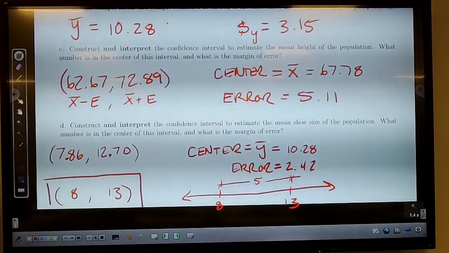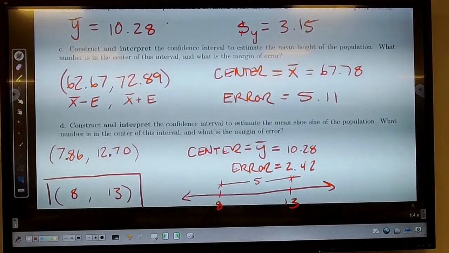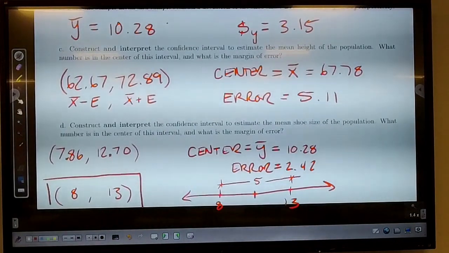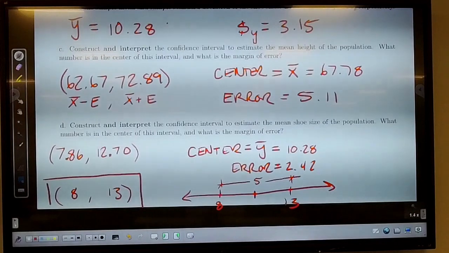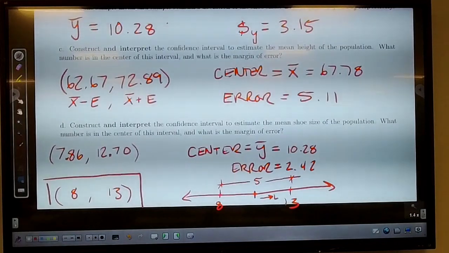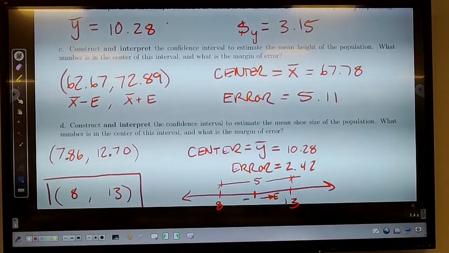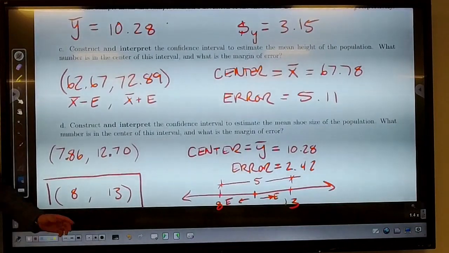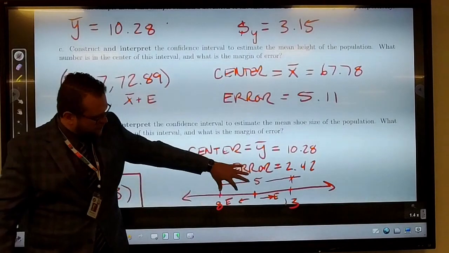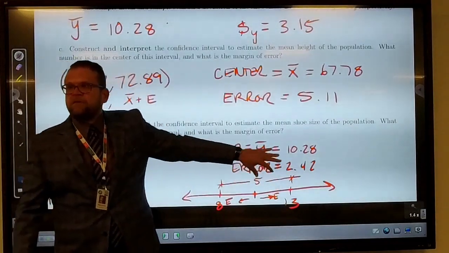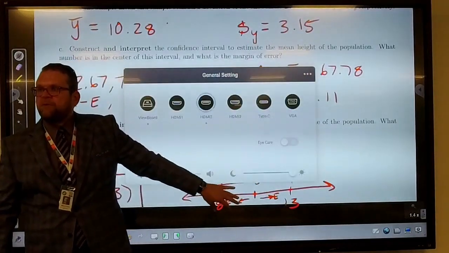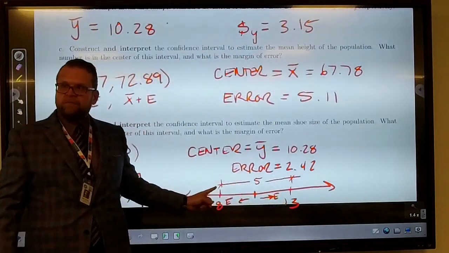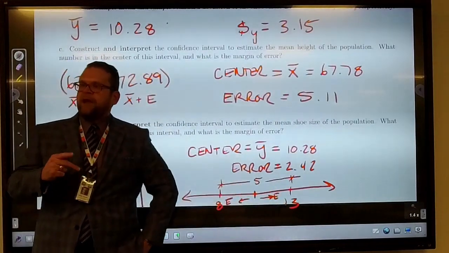But the way the confidence interval works is it says, let's start with the number in the middle. And then you have to add an error and you have to subtract an error. So how many errors are there pictured here? 2. Then it must be the case that the length of the interval is 2 errors.